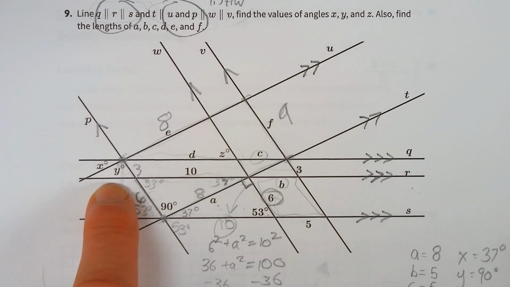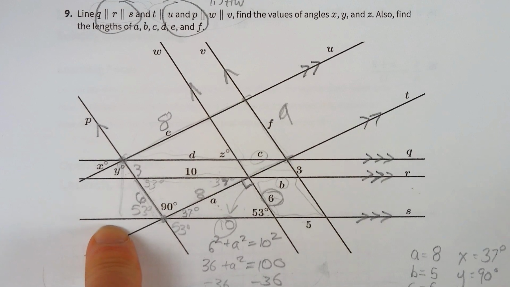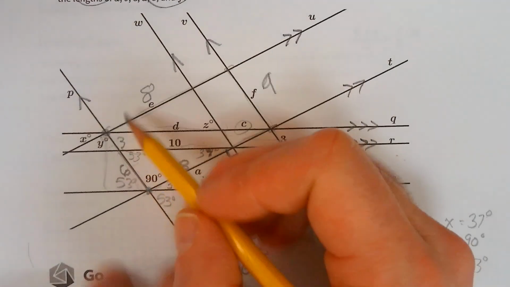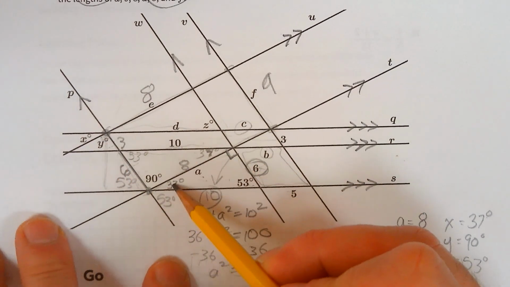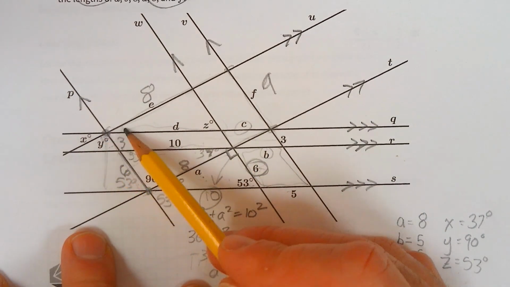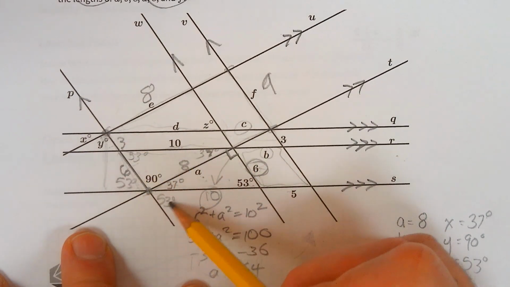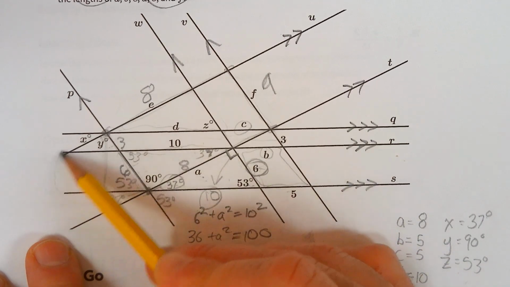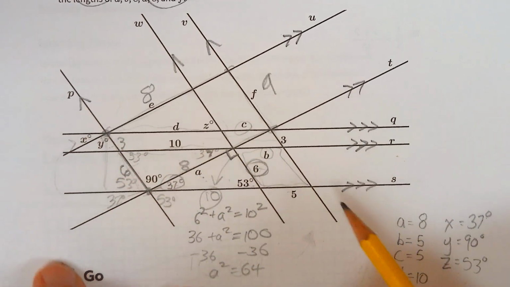And now the angles. All right, X. How are we going to get to X? Well, 37 here, vertical to here, corresponding to there. X is 37.